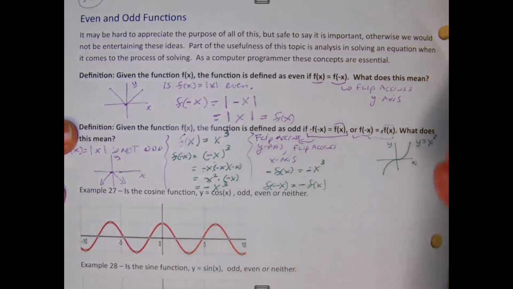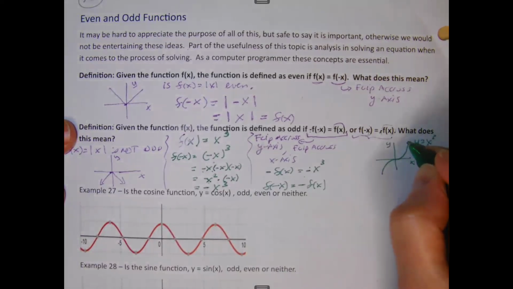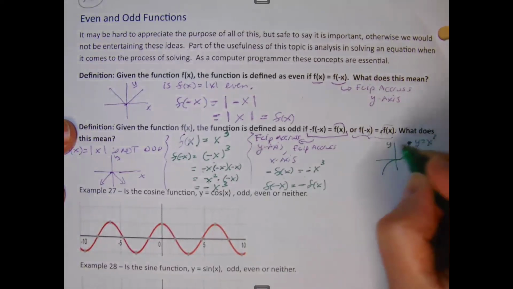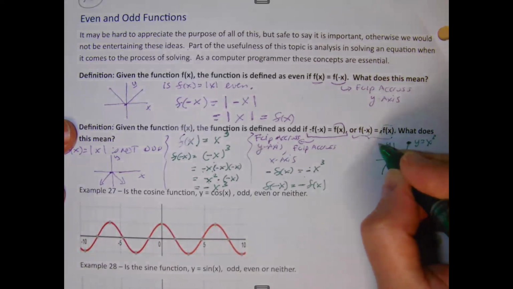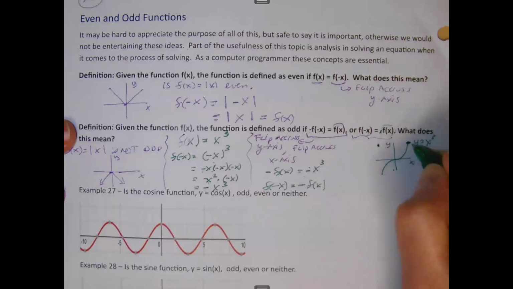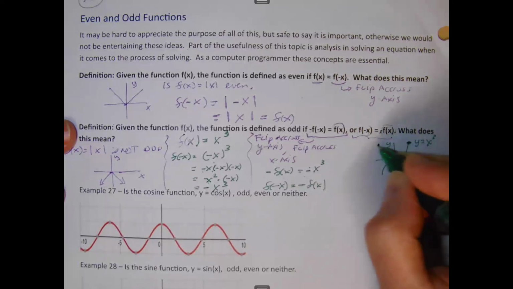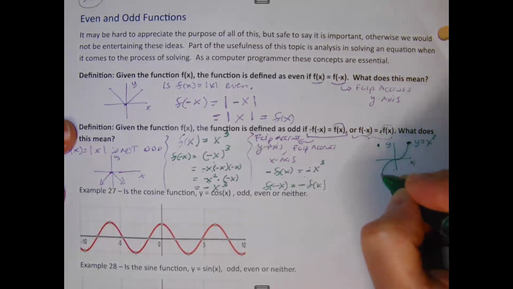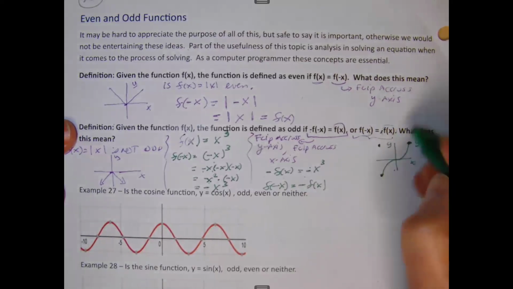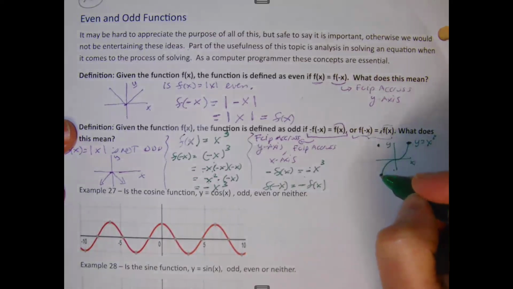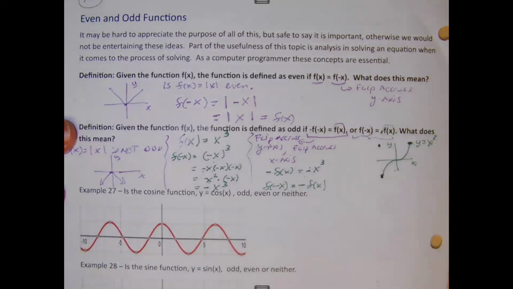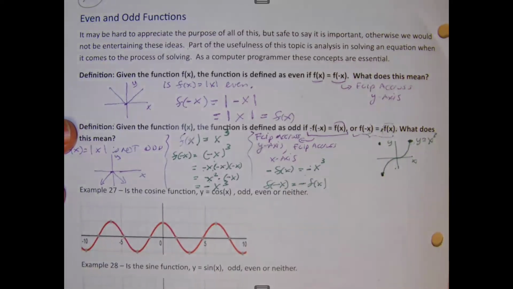So what do I get from one view of it? Well, look, what it's saying to do, if this happens, then it's odd. Visually, flip across the y-axis. This point is here when I do that. Flip across the x-axis. When I do that, boom, there it is. So flip twice, flip across y, flip across x, and all of a sudden I land back on the graph. If I can do that, it's odd, right?